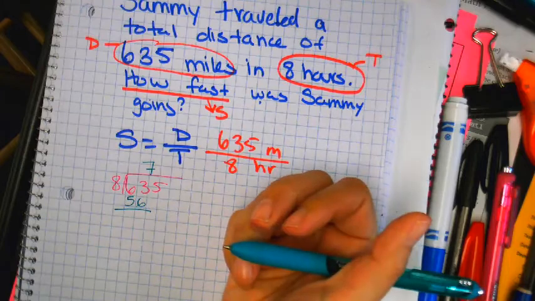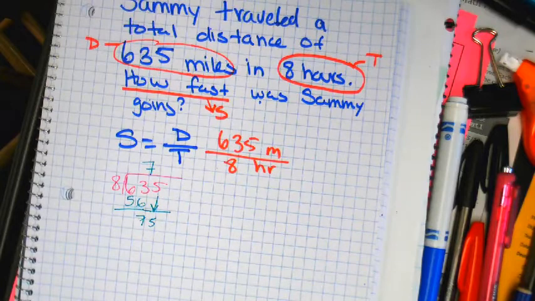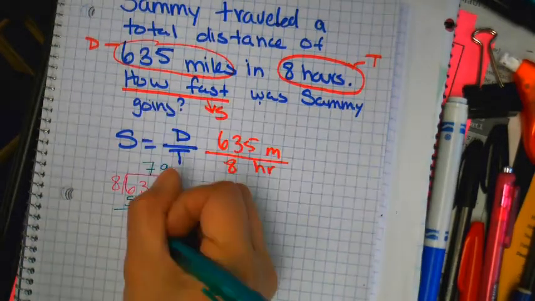Let's see. 3, 7. Bring down the 5. How many times does 8 go into 75? 9. That gives me 72.